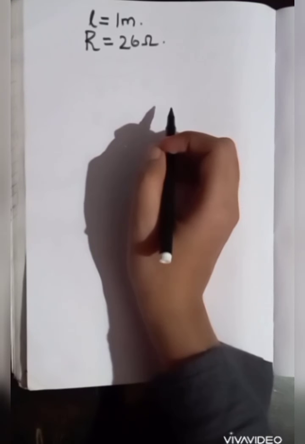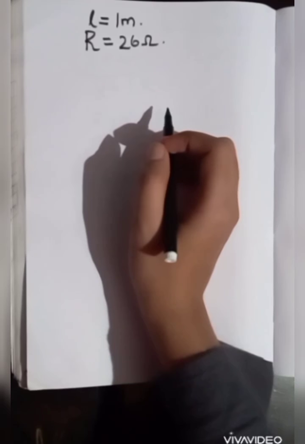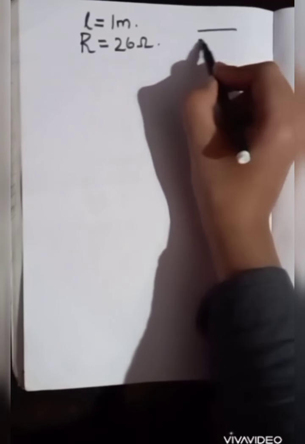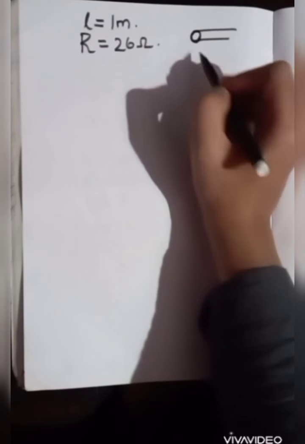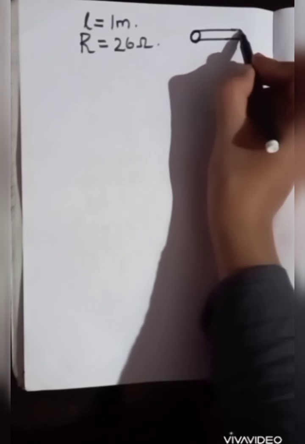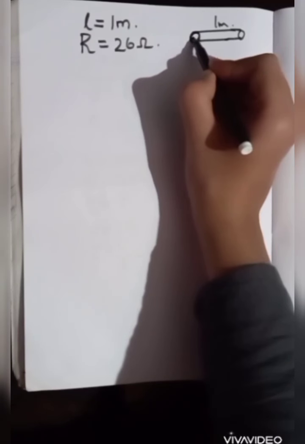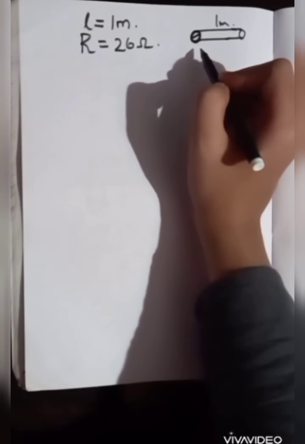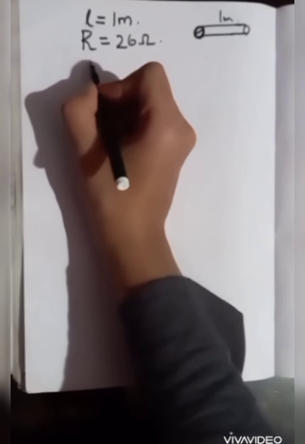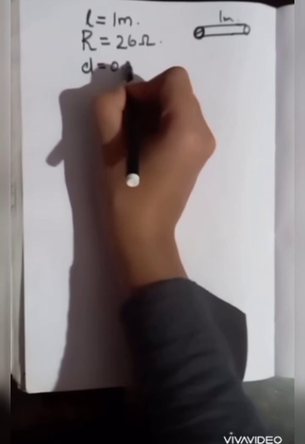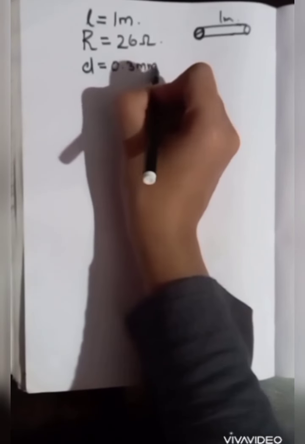If the diameter of the wire is 0.3 millimeter, we know this is a wire, this is the area of cross section, and the wire is 1 meter long. The diameter of this wire can be denoted by the letter D, 0.3 millimeter.